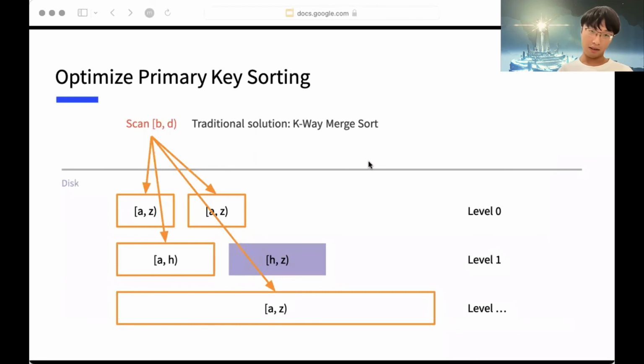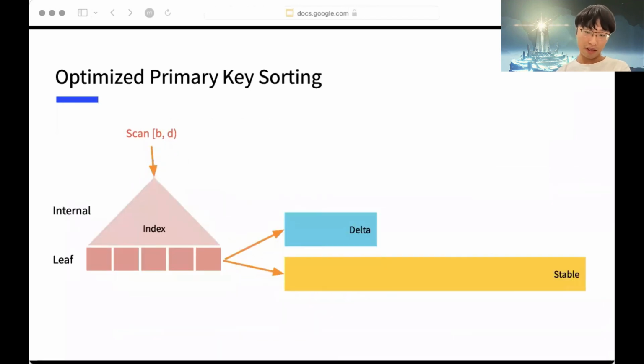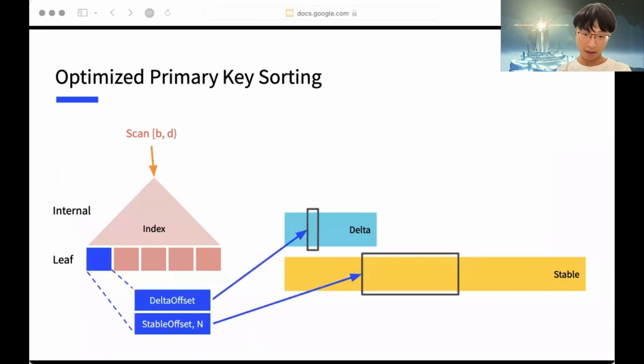We need a min heap or max heap to do the k-way merge sort in a typical case, and it will result in many branch instructions and cache misses. Instead of doing a k-way merge sort, in our storage engine, we build an index for the reading process. Next, I will explain how this index works.